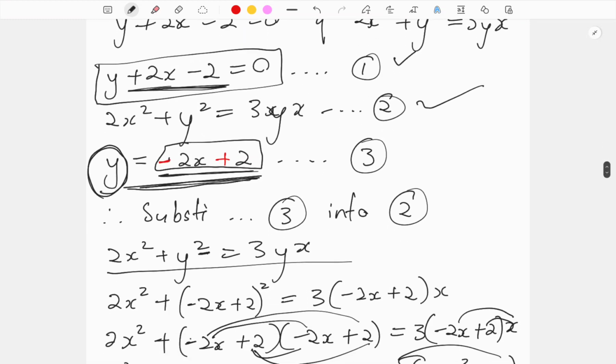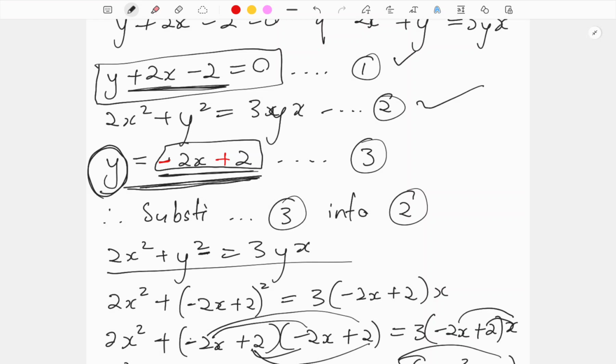You write both equations down. You name them equation 1, equation 2, and then the third equation is the one that you choose to make the subject of the formula. You just leave y on the left and then transpose everything. Sometimes it's going to be x, whichever is simple for you to make the subject, and then you name that equation number 3.